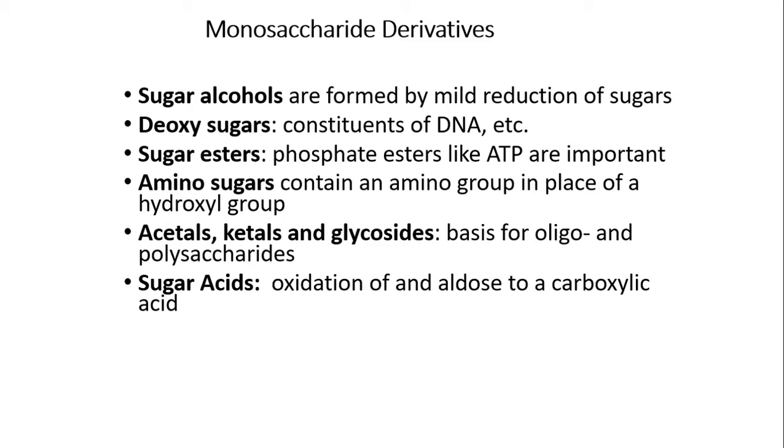Sugar esters, we're going to look at ATP, for example. These are phosphate esters of glucose and fructose. Aminosugars are going to contain an amino group in place of a hydroxyl group. We'll look at D-glucosamine, which has an amino group at C2.